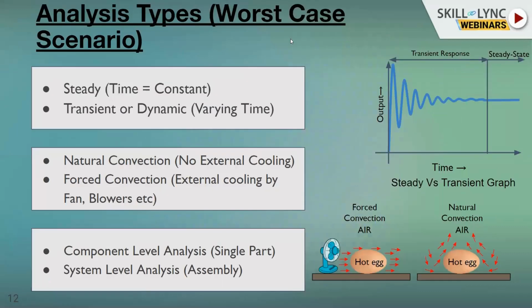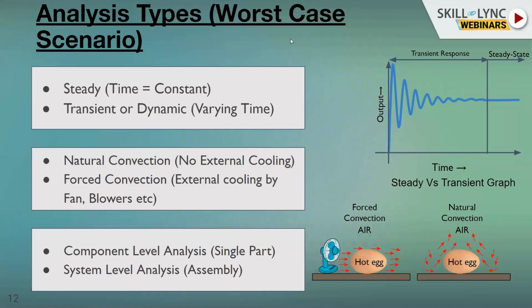Next is analysis types. We are trying to gather a lot of information from the first slide. The next important information we need for doing a simulation is the analysis type: steady state and transient.